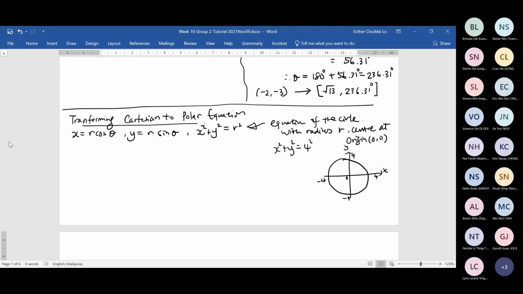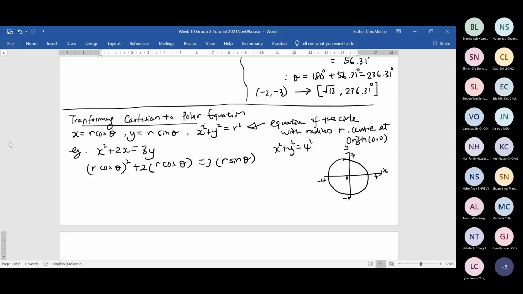Now we look at, for example, transforming from Cartesian to polar equation. Say we have this equation, x squared plus 2x equals 3y. From Cartesian we have to transform it to polar equation. Just remember, x equals r cos theta, so you square it, plus 2x is 2 r cos theta, equals 3 times y, which is r sin theta.